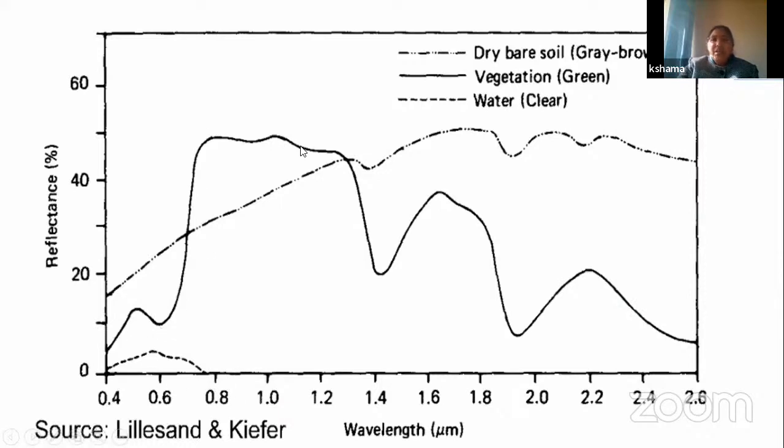But vegetation gives very high reflectance in the near infrared region. Near infrared is very important in urban areas because most of the land surface features are vegetation features. So that's why vegetation gives very high reflectance in the near infrared region.